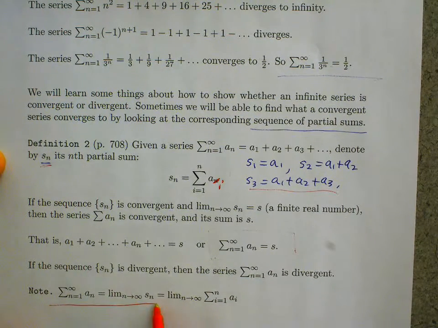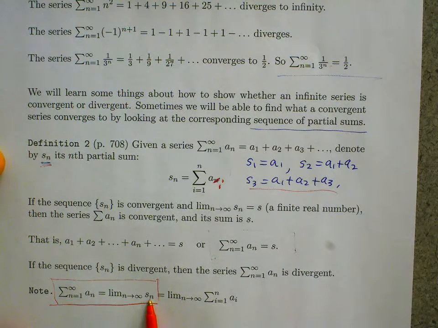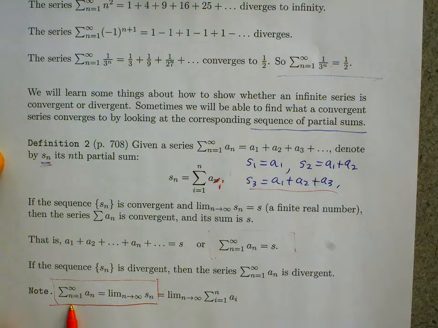So this is what we're saying. If S sub n is the sequence of partial sums, then the limit of that sequence is also equal to the sum of the series. Okay, we'll look at some particular types of series.